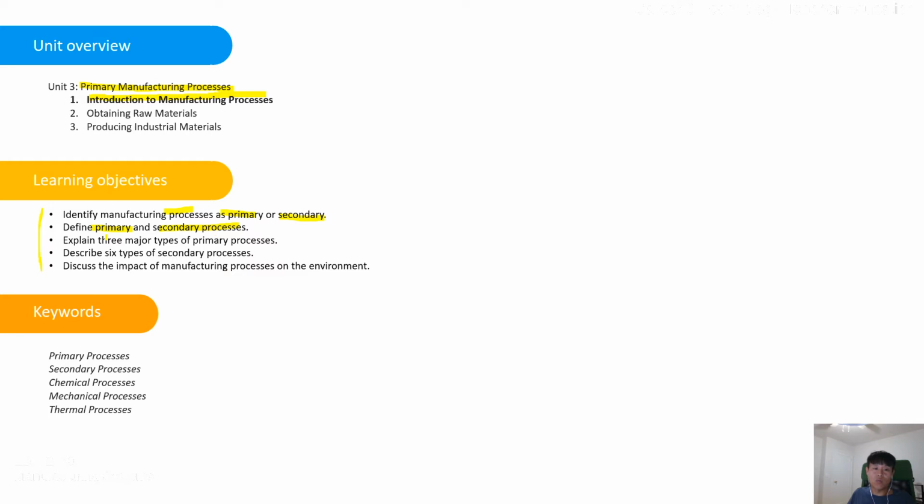What is primary, and what is secondary process, and explain 3 major types of primary process and describe 6 types of secondary process, and discuss the impact of manufacturing processing on the environment. I don't expect you to understand everything; this module just introduces the list of things or names of the processes. That's it. All right.